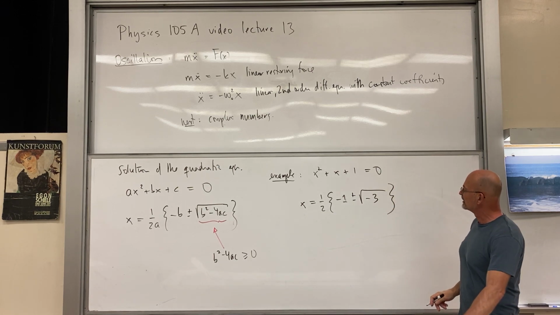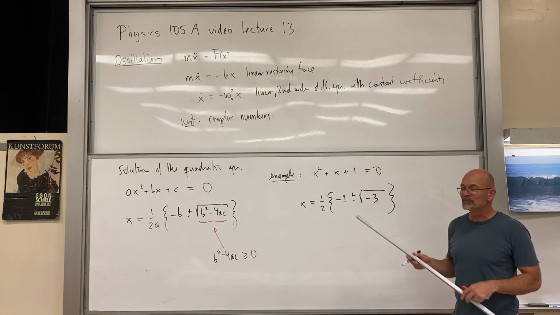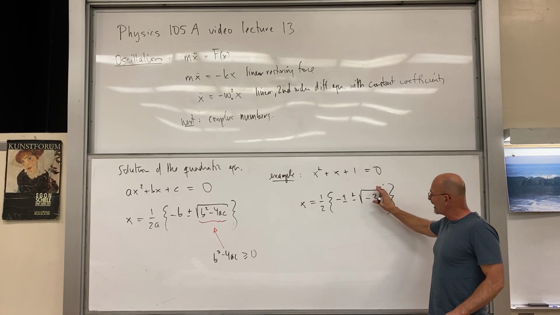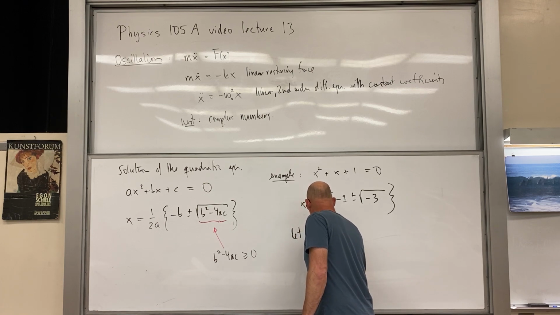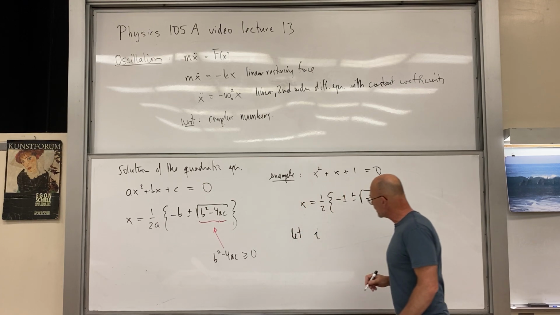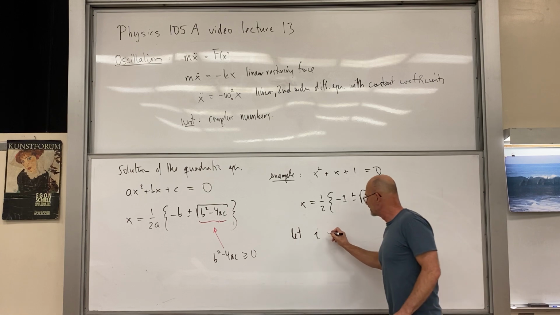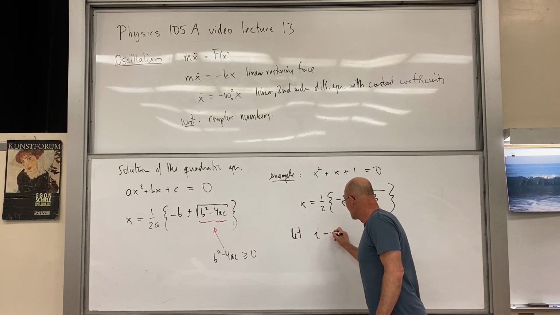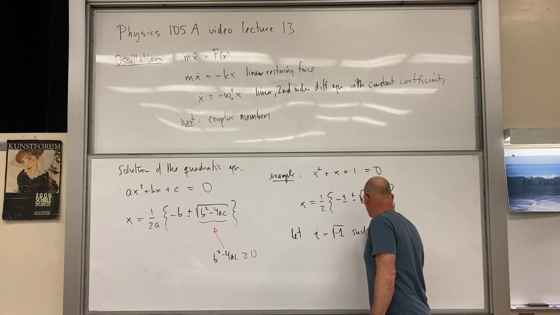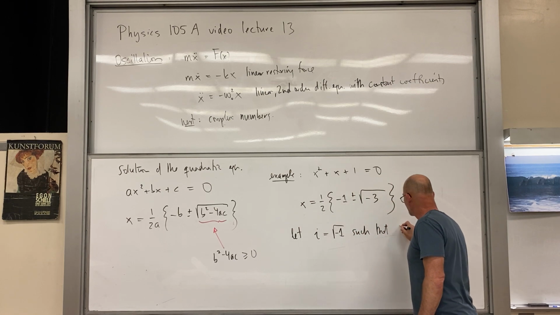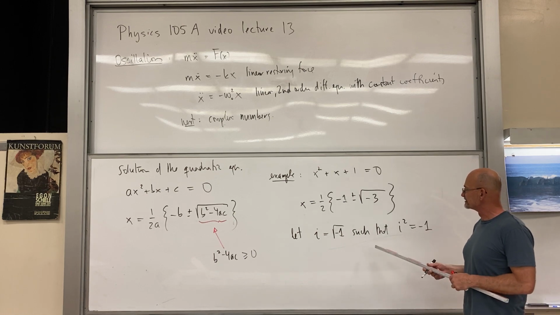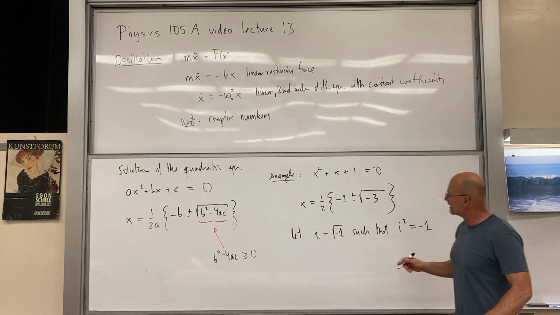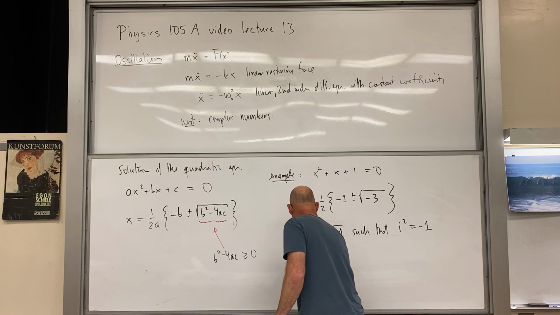So we'd like to just be able to write this down and keep going. And it turns out that if you introduce this imaginary quantity, so-called, which is the square root of -1, such that i squared is equal to -1, if you do that, then you can do the following.